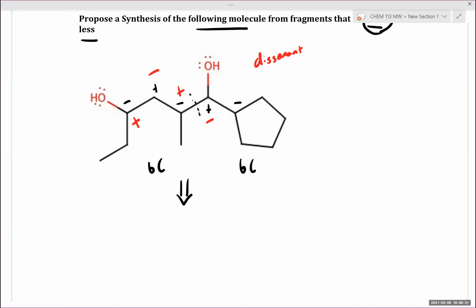Let's start to think, how would we go about forming that bond? So what would our synthons look like? Or you can draw the fragments if you're more comfortable drawing the fragments directly.